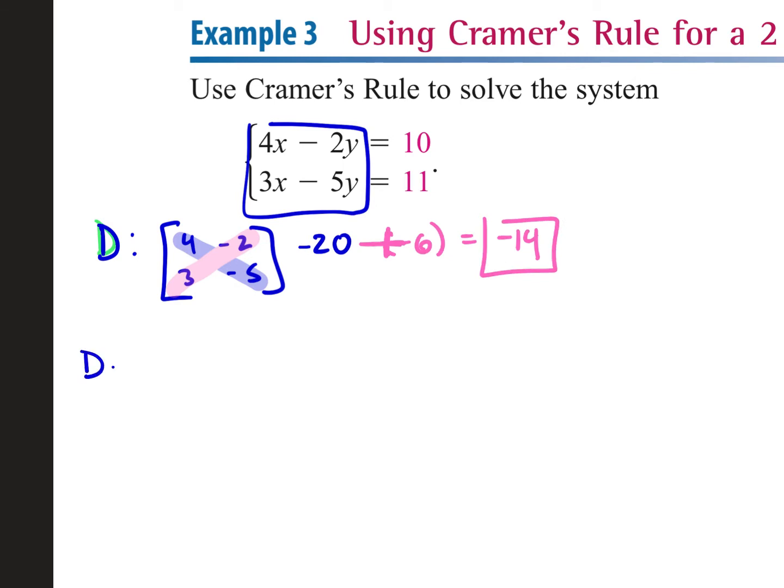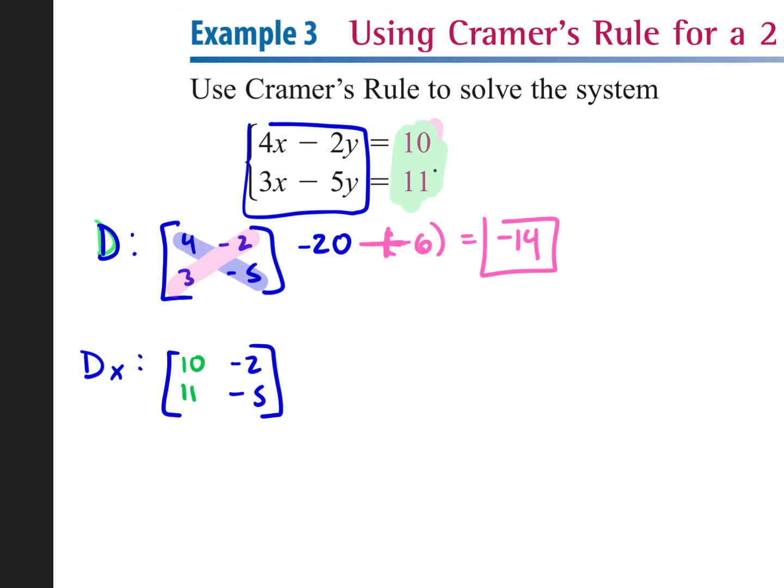Next, I'm going to find the determinant replacing the x column. So in my x column, I'm going to put the answers here. So I'm replacing the x column with 10 and 11. Everything else stays the same. So the y column stays -2, -5.